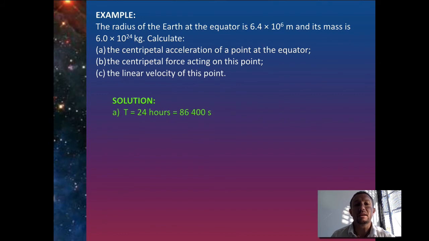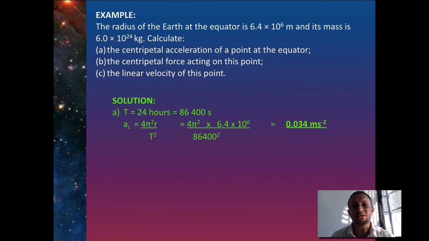So, the centripetal acceleration. Firstly we need to know that the time period to travel is 24 hours, which is 86,400 seconds. So I can now substitute that into my formula, 4 pi squared r over t squared, and as a result I get 0.034 meters per second squared for my centripetal acceleration.